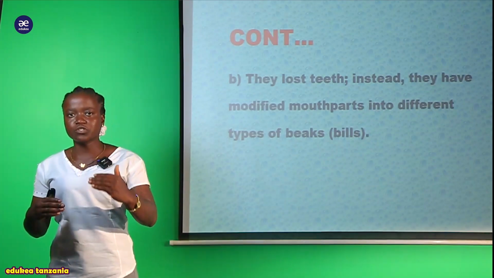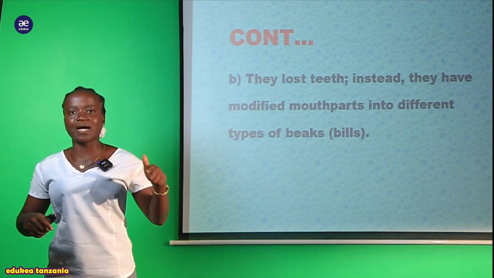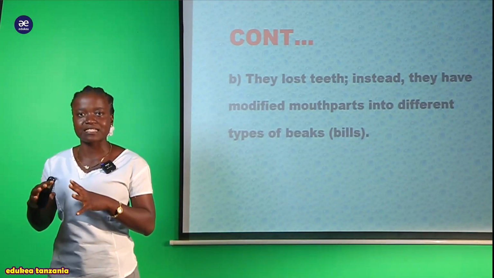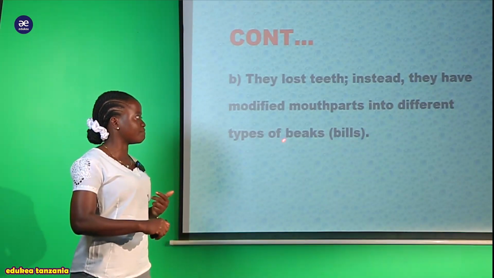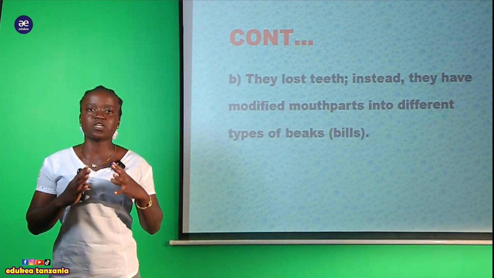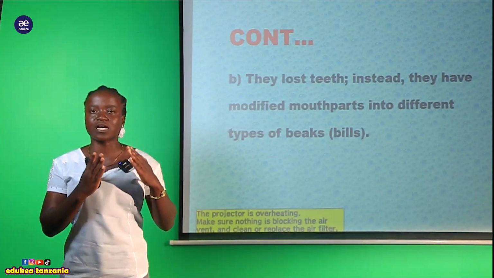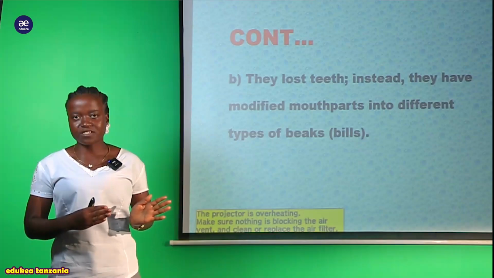So tunasema kwamba these organisms, due to lack of teeth, their mouth parts have been modified into another structure which is called a beak. And this beak or these bills are also modified according to where the organism feeds. And those are the characteristics of this organism.